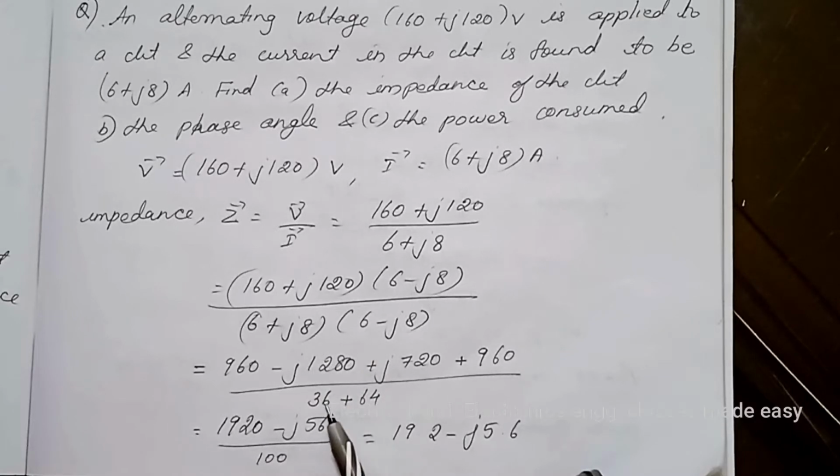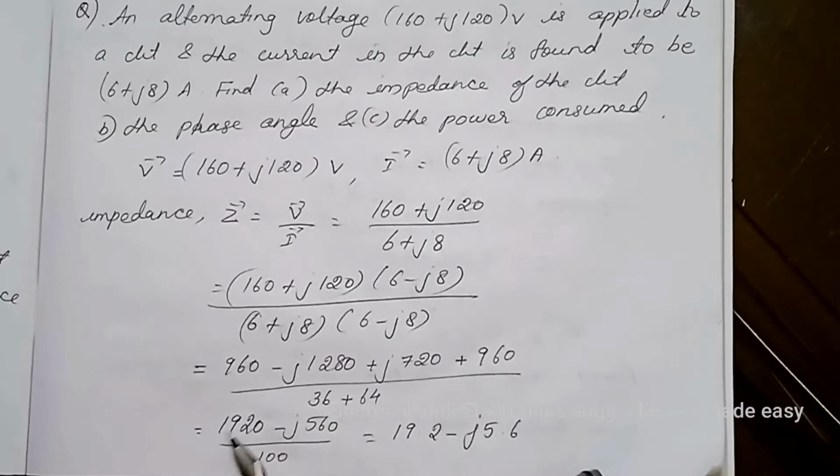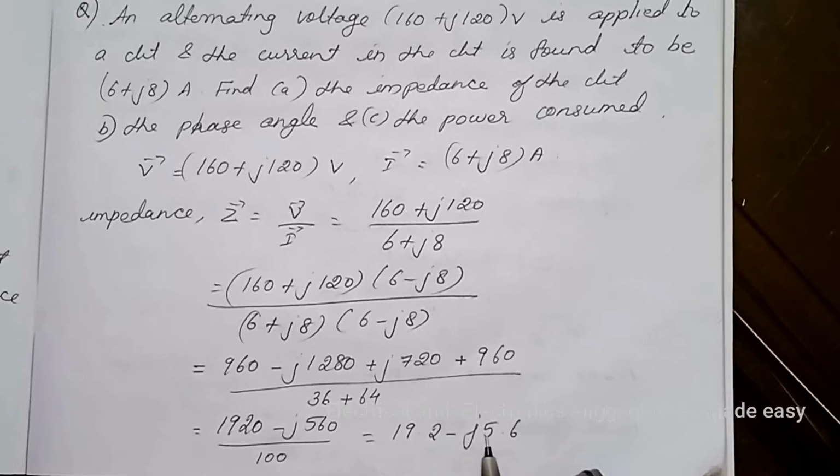And here we get 36 plus 64, that is 1920 minus j560 divided by 100, and is equal to 19.2 minus j5.6 ohms.